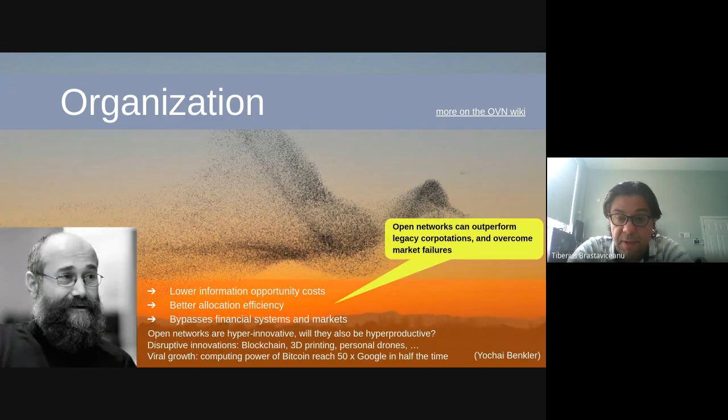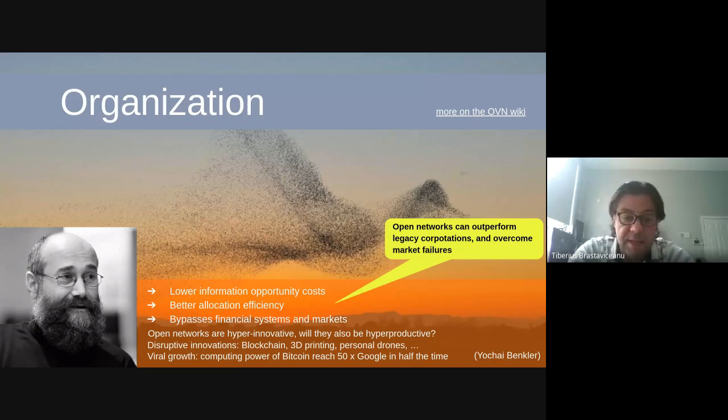And then we have Yochai Benkler, who wrote a few papers about commons-based peer production, which is a theoretical analysis of this new production mode, and it lays down some more economic foundations for the existence of networks.